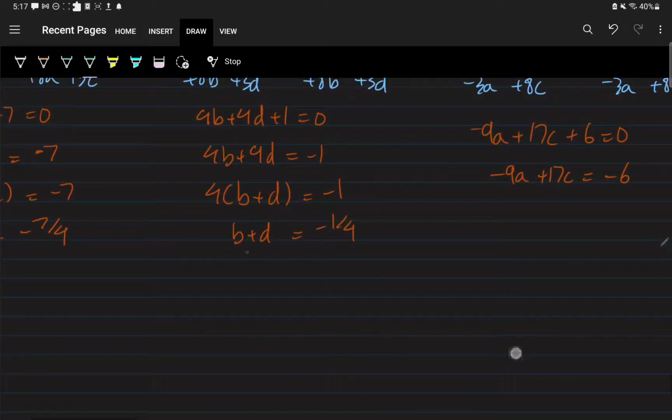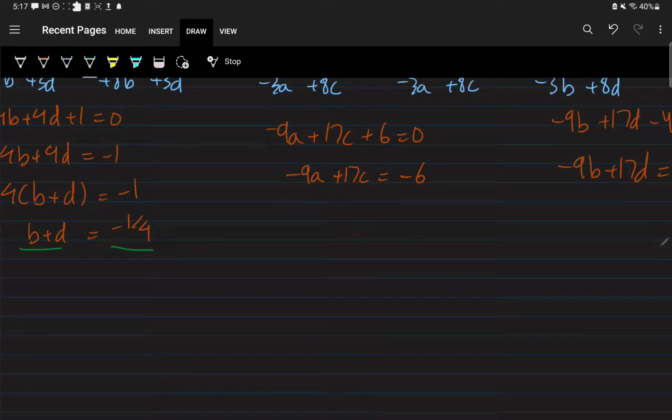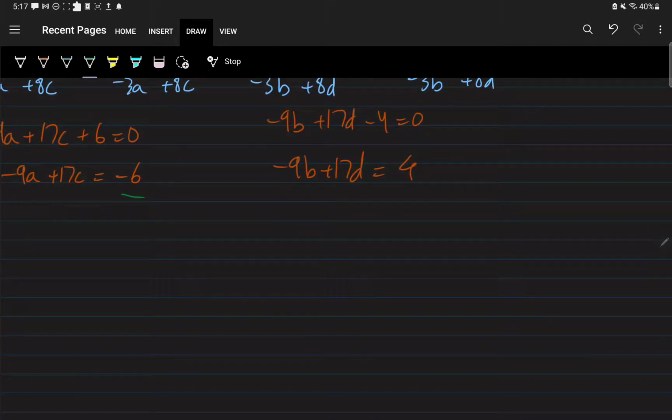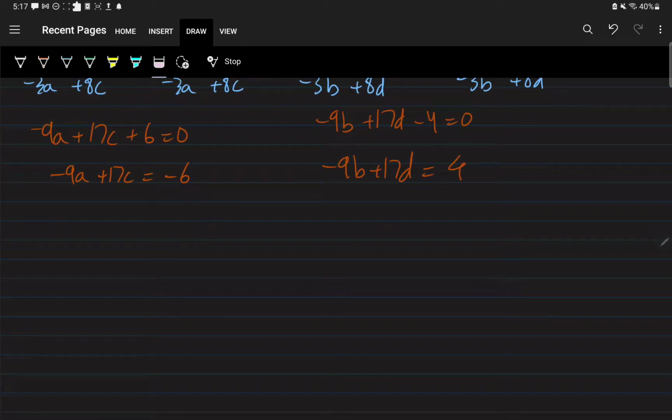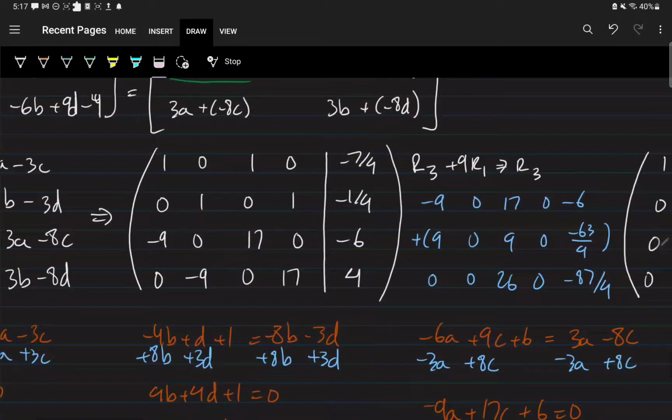So that gave me b plus d equals negative 1/4, negative 9a plus 17c gives me negative 6, and negative 9b plus 17d gives me 4. And so that is reflected in this matrix here. This matrix is just showing the coefficients of the variables and what they are equal to.